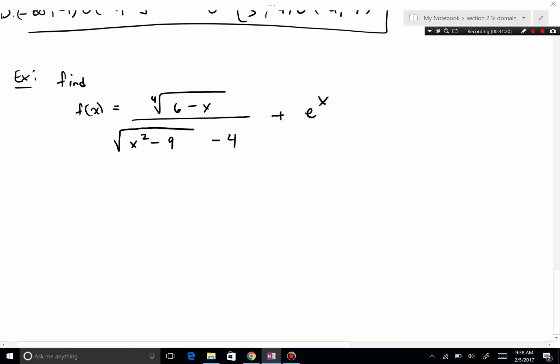I love throwing exponentials in. All right, guys. Find the solution to this, and I'll see you in class on the flip side.